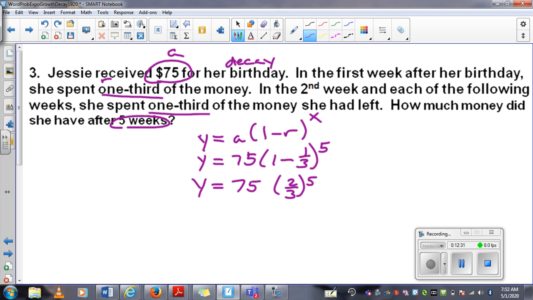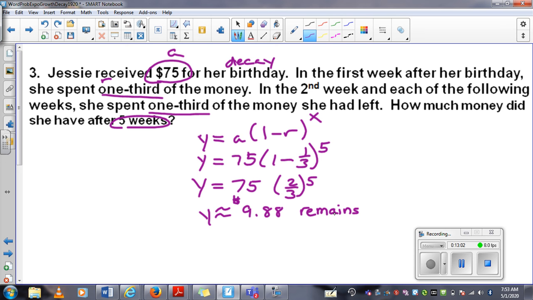What this means is 1/3 is actually being spent each week, but 2/3 actually remains in the account. Let me punch that in. So $9.88. Now, just to reiterate, what this formula gives you is what remains.